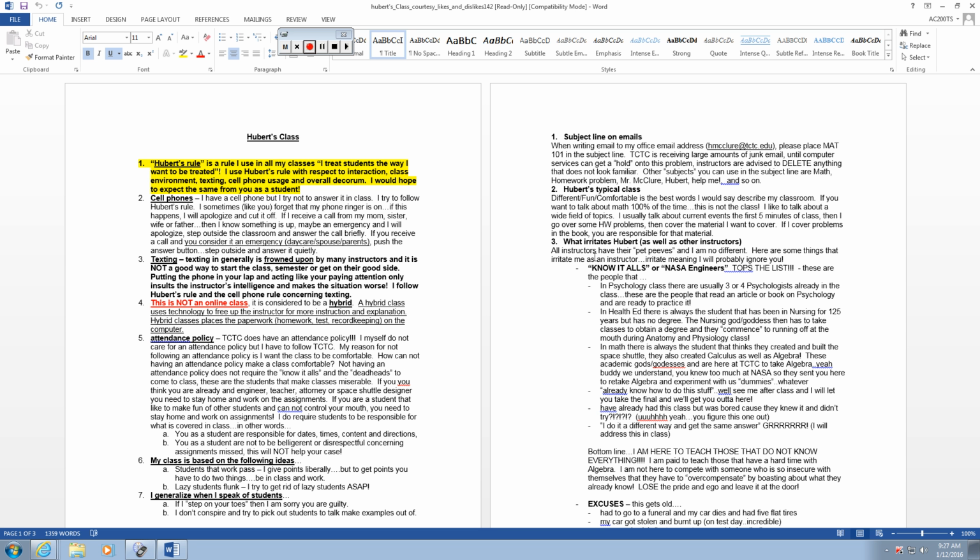Cell phones. I have a cell phone. I'm surprised it hadn't gone off this morning unless I've already put it on vibrate. I don't think I have. Yeah, I did. I put it on vibrate. If this goes off, I have two children. One's in West Side, one's in Mackley, right down the road. Their school numbers are in there, and my mother's number is in there. If those three go off, I'm going out in the hallway and I'm going to answer it, because they know I'm teaching between 8 and 2.